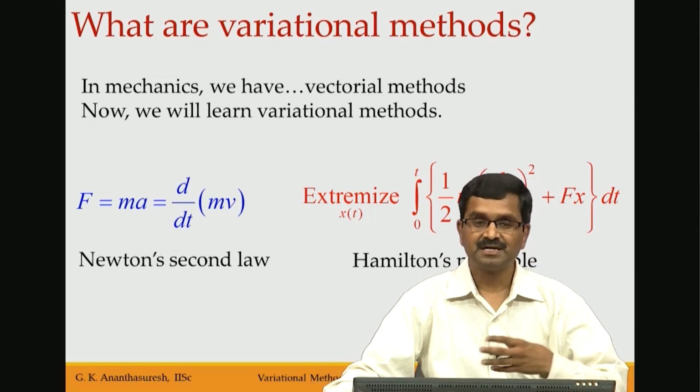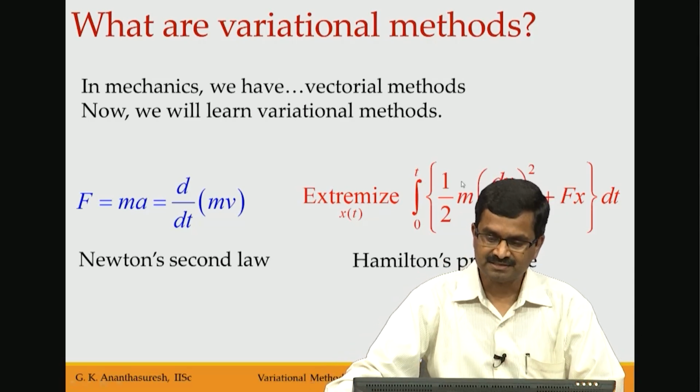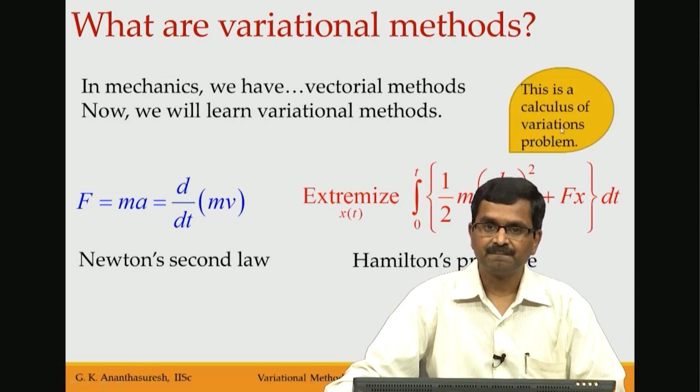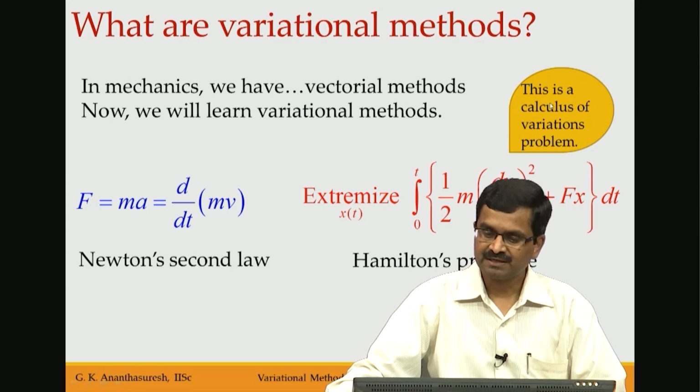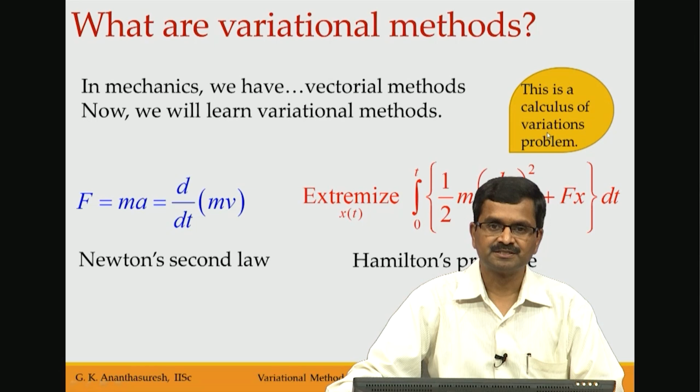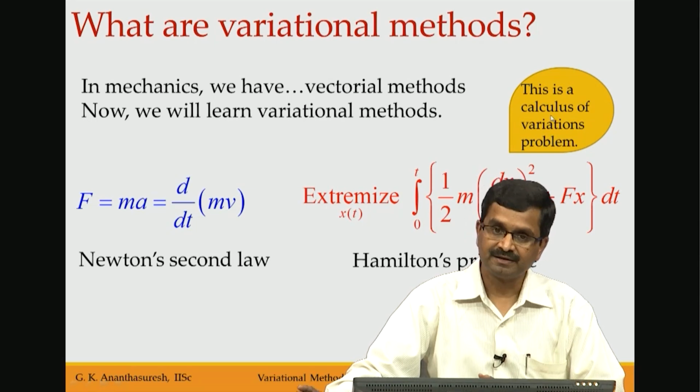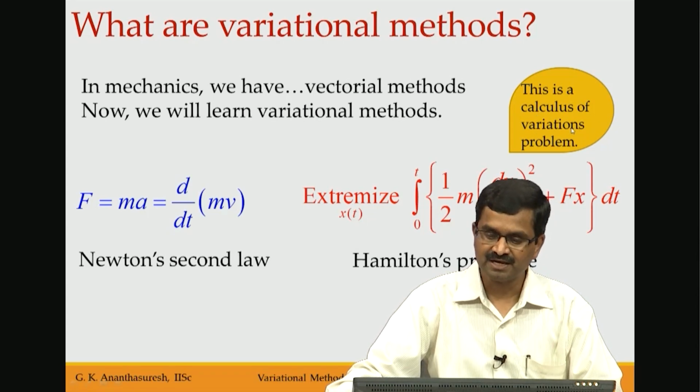There is a purpose, there is an objective and hence this also is an optimization problem, but this has a different name. This is called a calculus of variations problem. Okay. Calculus of variations. Everybody knows ordinary calculus of functions. Here we have calculus of variations. That variation is what we need to understand.